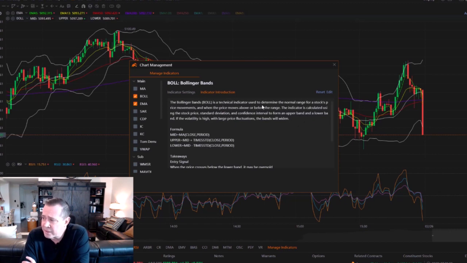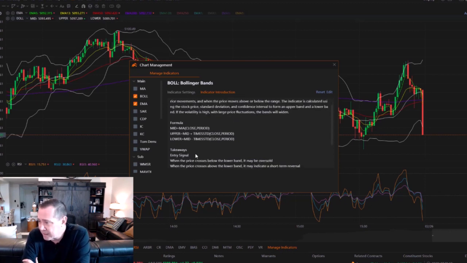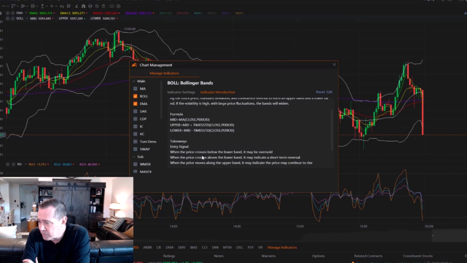It's a technical indicator used to determine the normal range for a stock's price movements when it's up or below the trading range. Basically, the way that it works, when it crosses below the lower band, it may be oversold. So down here in the lower band, it's oversold. And in the upper band, it is basically overbought.